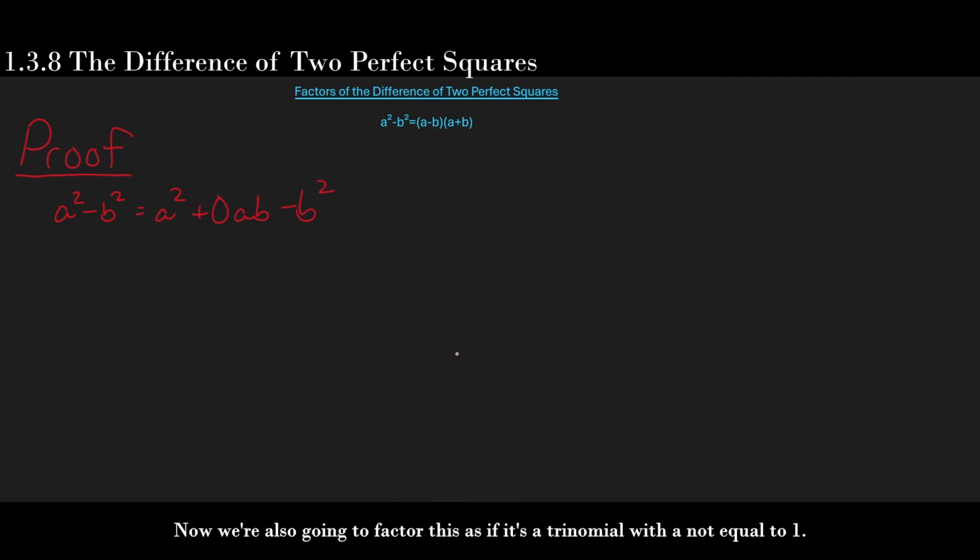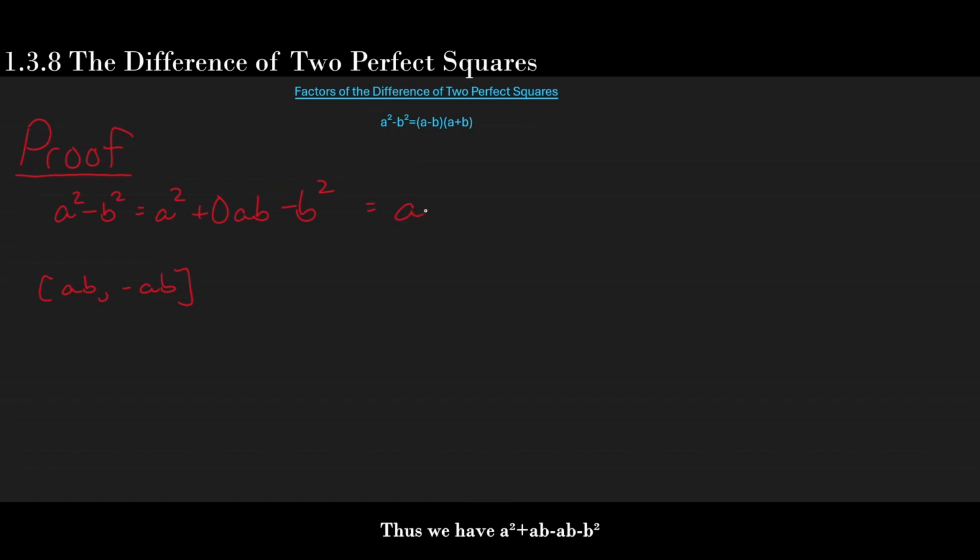Now we're also going to factor this as if it's a trinomial with a not equal to 1. Thus, the factors of a² b² that sum up to 0ab are ab and negative ab. Thus, we have a² plus ab minus ab minus b².